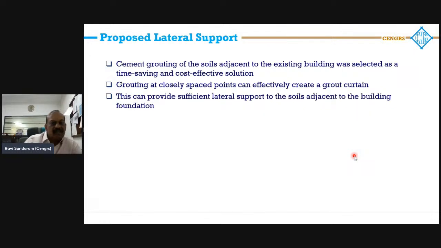So the solution that we proposed was cement grouting of the soils adjacent to the existing buildings. This was selected as a time-saving and cost-effective solution. Grouting at closely spaced points can effectively create a grout curtain. This can provide sufficient lateral support to the soils adjacent to the building foundation.